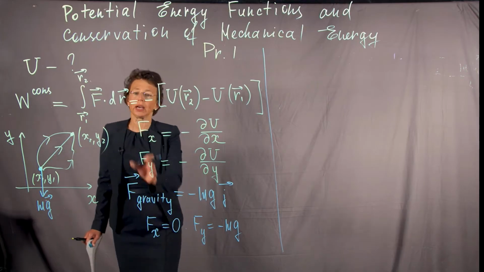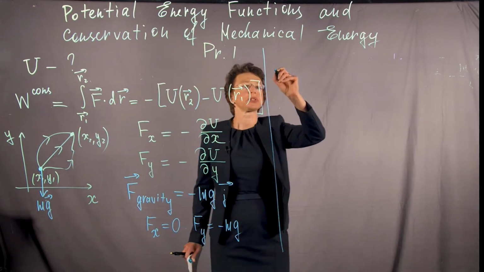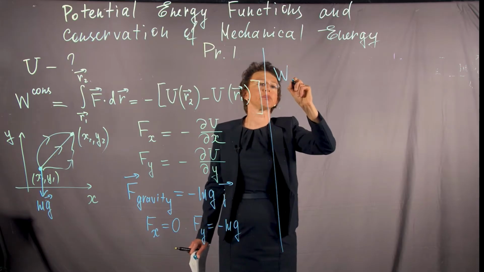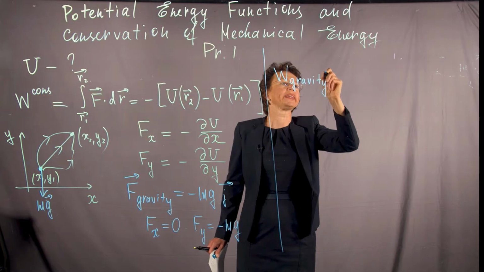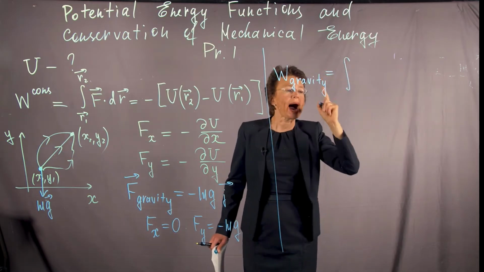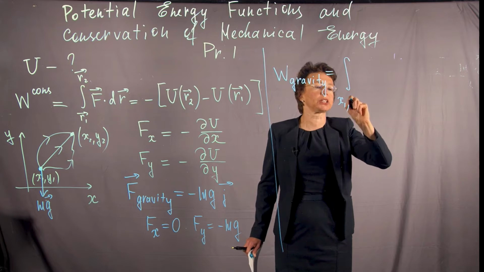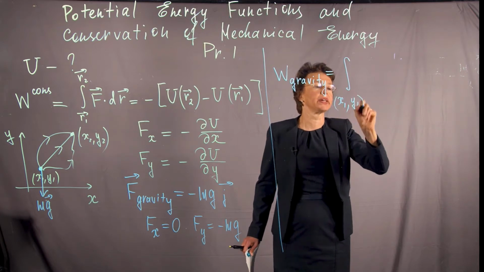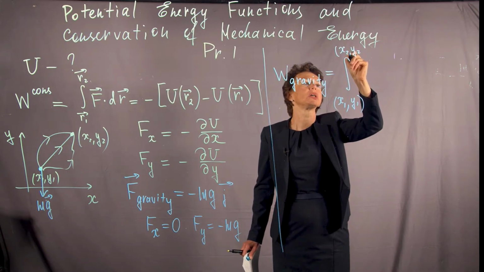How to do that? I will use the definition of conservative force. So I will write work done by force of gravity when I move the object from arbitrary point, this is important. I move object from arbitrary point x1, y1 to arbitrary point x2, y2.